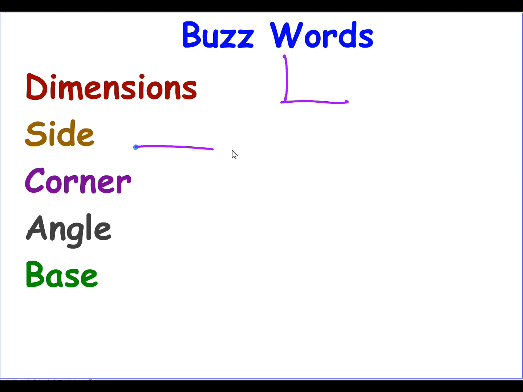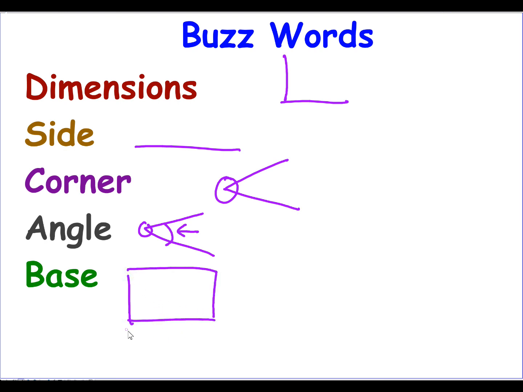A side is one of the dimensions. A corner is where 2 of our sides meet, and an angle is created where our corner meets. The base of the shape is effectively the bottom of the shape.